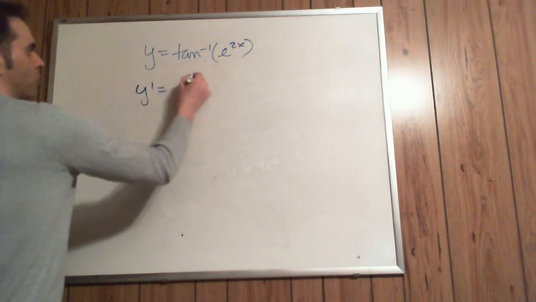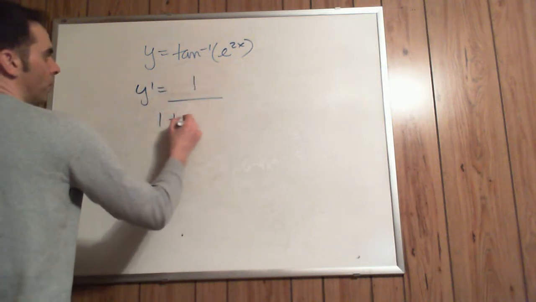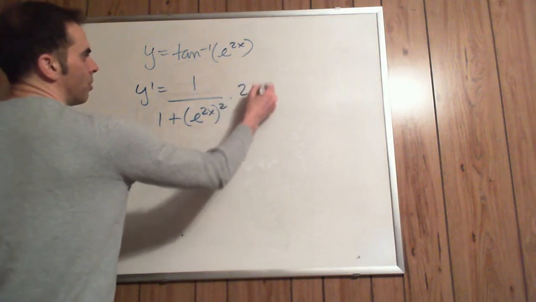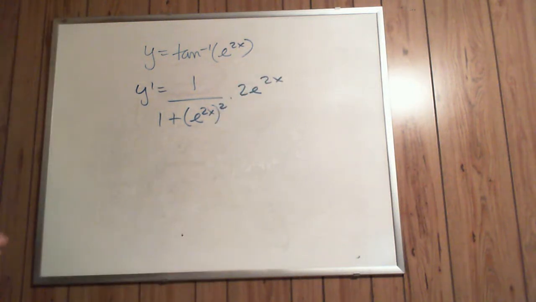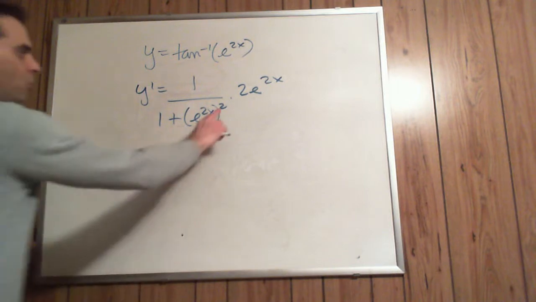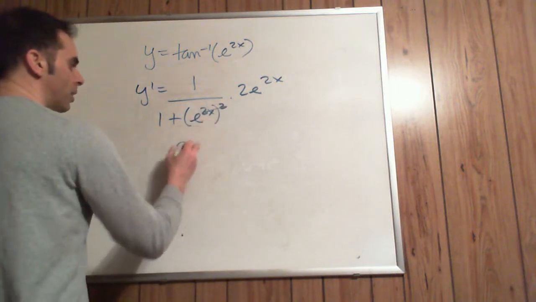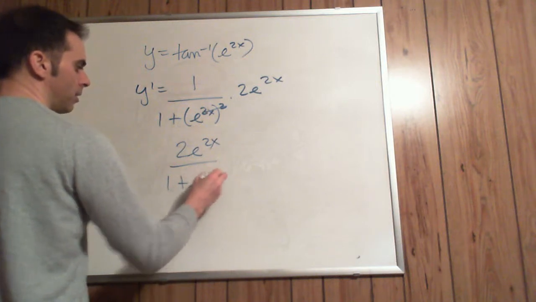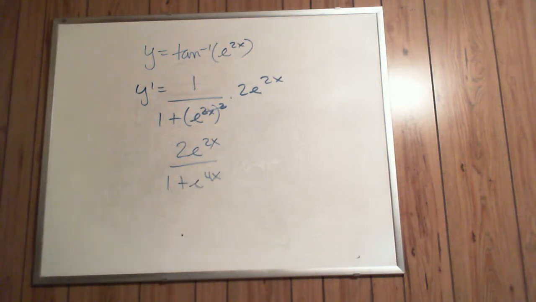Y prime would be equal to 1 over 1 plus the inside stuff squared times the derivative of the inside, which would be 2e to the 2x. Power to a power means you multiply, so this would become 2e to the 2x over 1 plus e to the 4x. And there would be that derivative. So remember there that you do have to clean those up.